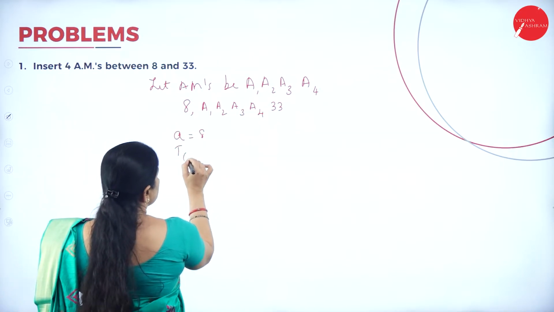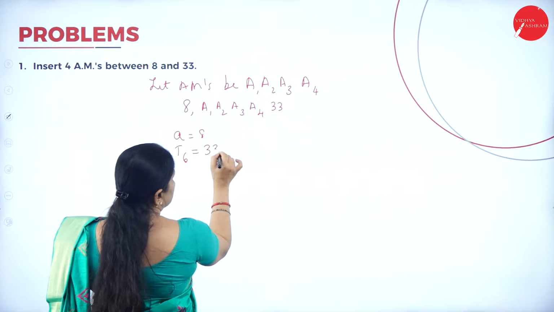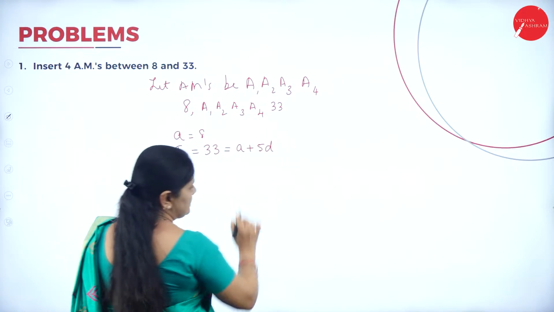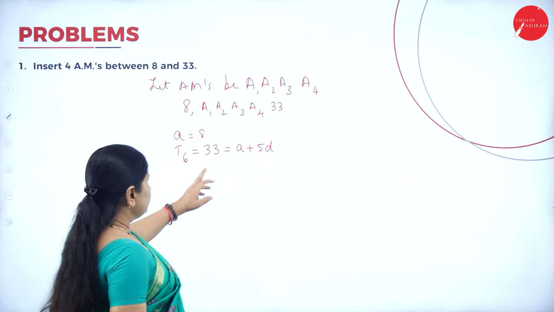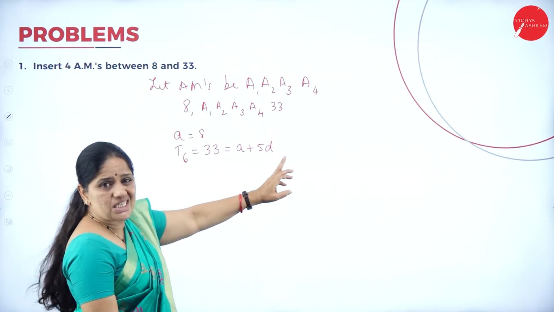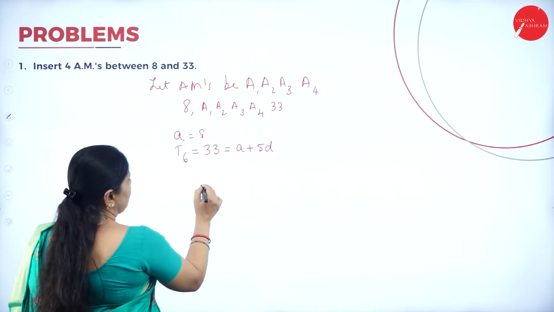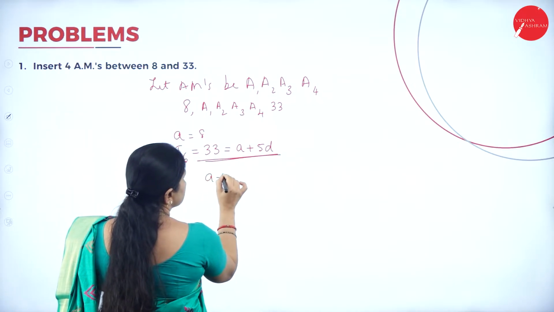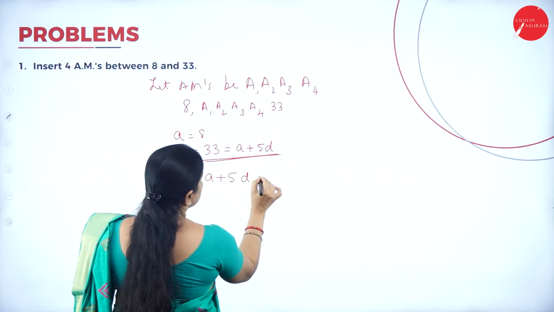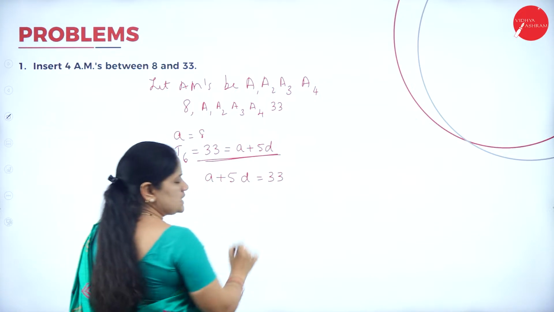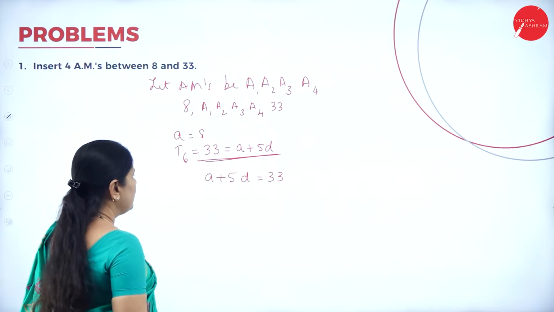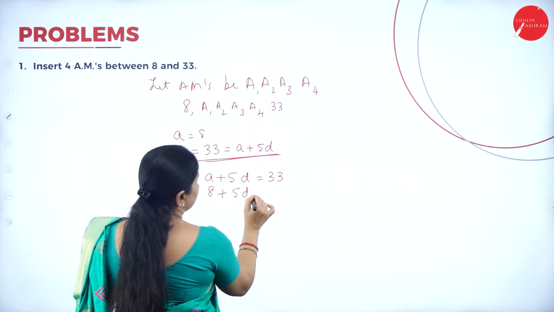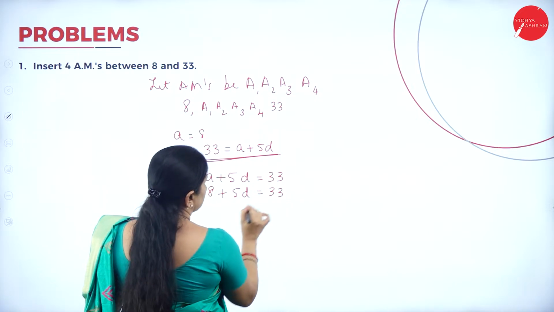So T6 equals 33 equals A plus 5D. Now we have to find what D is here. With the help of this equation, A plus 5D equals 33. Instead of A, I write 8. 8 plus 5D equals 33.